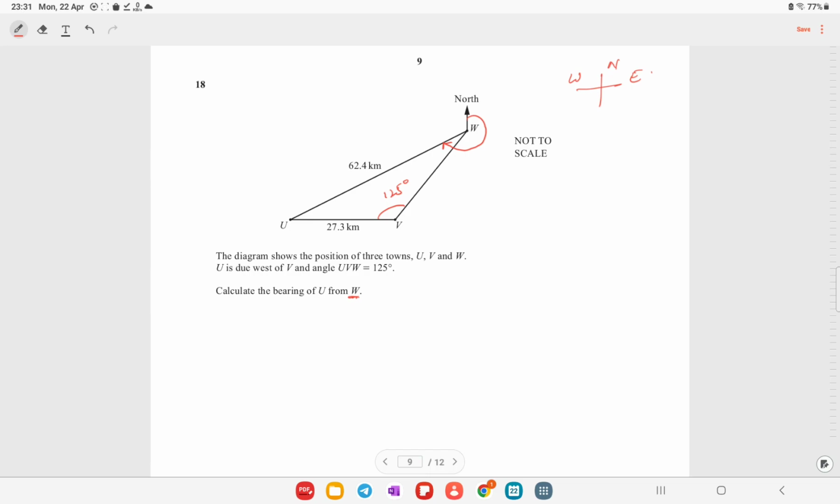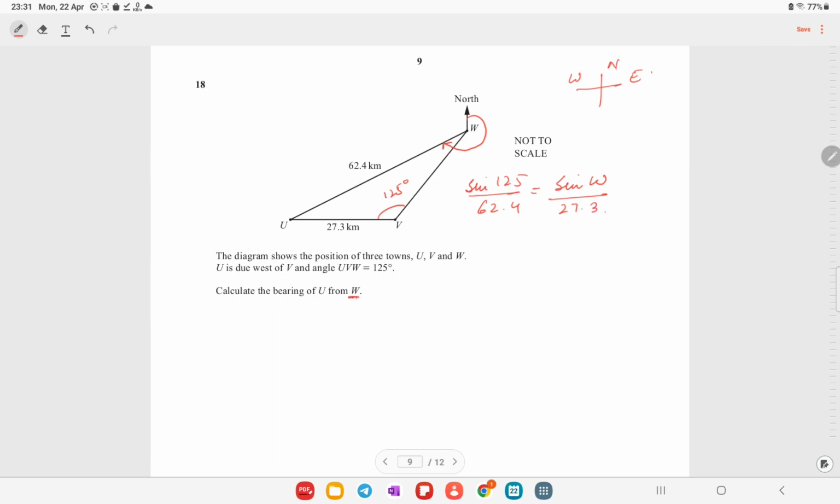We can easily apply the sine law over here. Sine 125 over 62.4 equals sine W over 27.3.